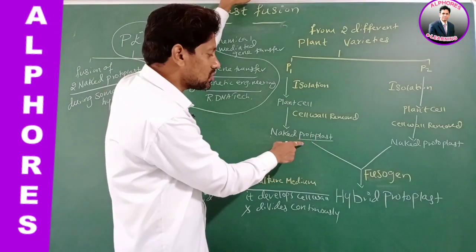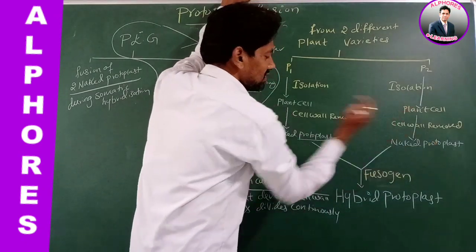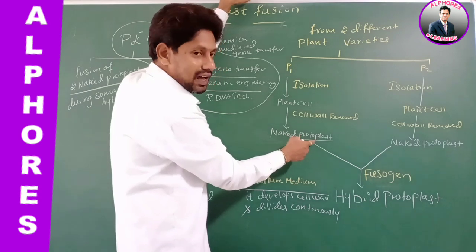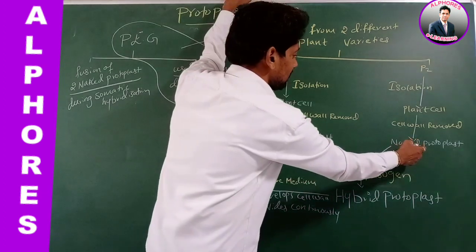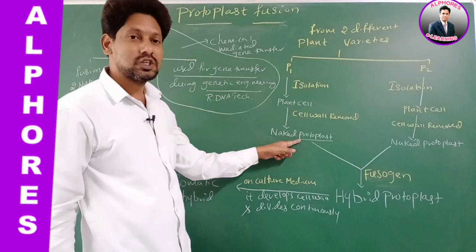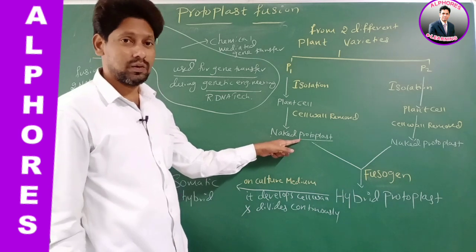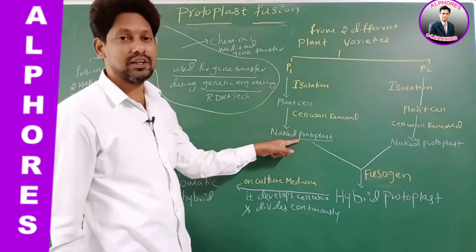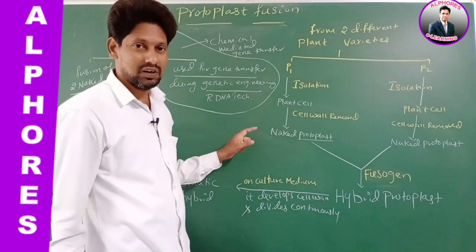It means the genes present in the cytoplasm of this fuse with the genes present in the cytoplasm of that. Similarly, the nuclear genes present in this nucleus fuse with the genes present in that nucleus. Therefore, fusion of cytoplasmic genomes and nuclear genomes has taken place.